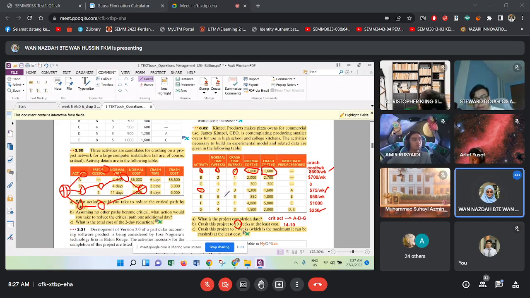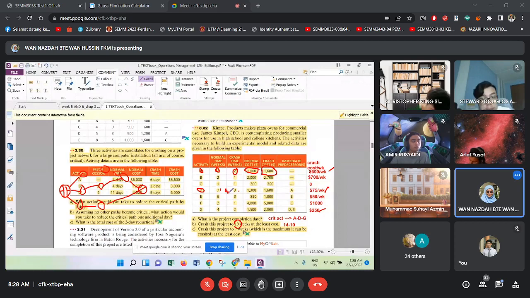Normal time is 7 weeks and crash time is 3 weeks, so you can crash 4 weeks. On your network diagram, for activity D, instead of 7, you put 3. Then you recalculate the completion time.